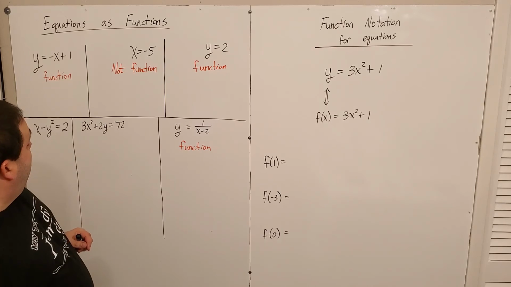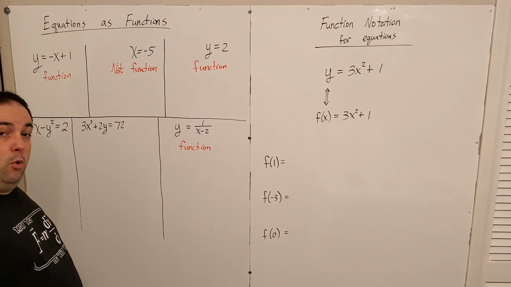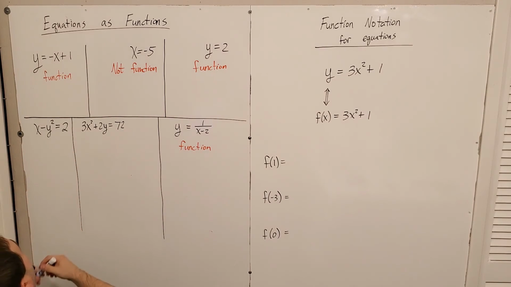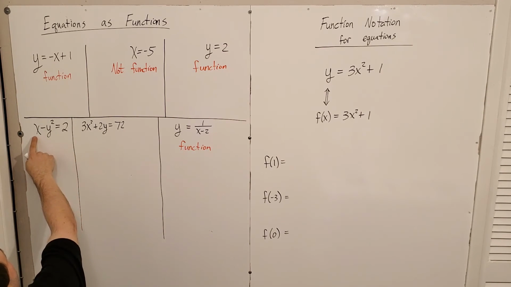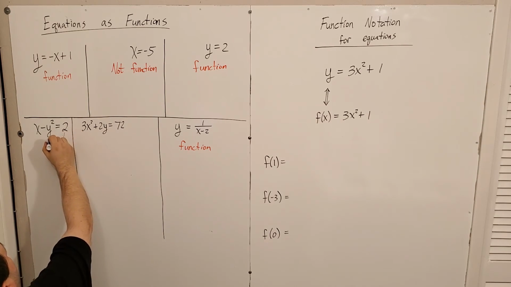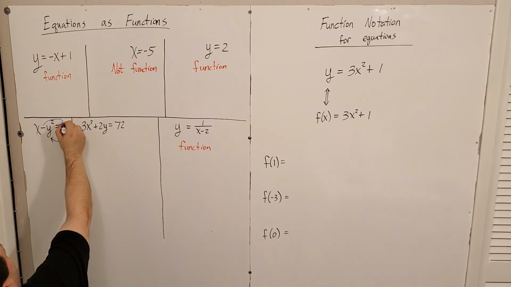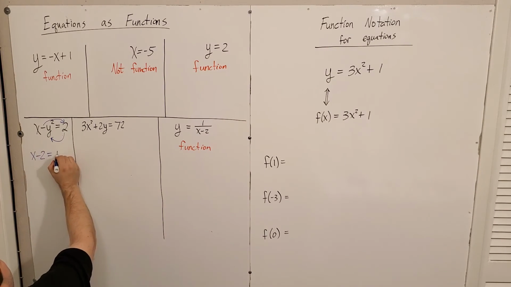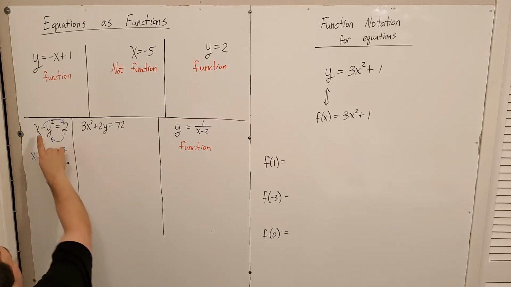Right? If I solve for y in this guy right here, notice what I have to do is I'm going to subtract the 2 this way, and I'm going to add the y squared this way. So what I have is x minus 2 equals y squared, right? I'm adding y squared, and I'm subtracting 2.